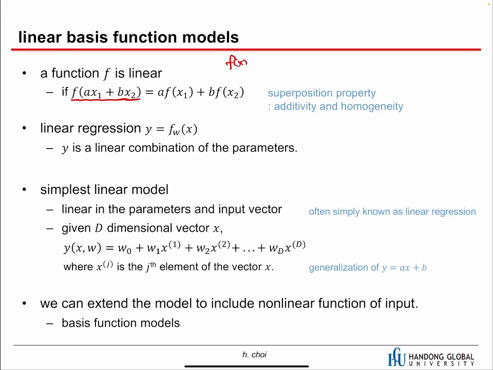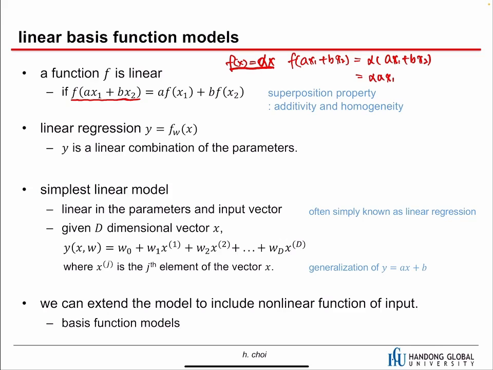f of x is alpha x. Then f of ax1 plus bx2 is alpha times ax1 plus bx2, right? Then look at this one.